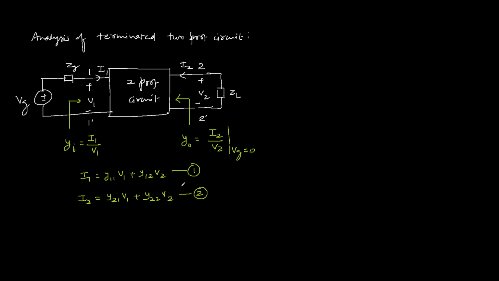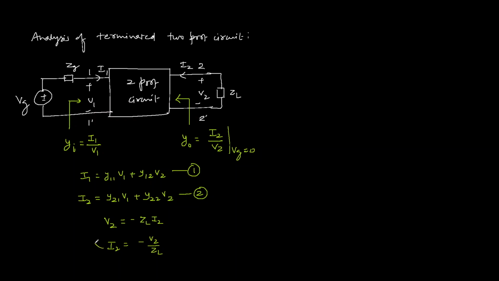We have to find the ratio of I1 to V1, so from the first equation we have to get rid of V2. First, write the expression for V2: V2 is minus ZL I2, so I2 is basically minus V2 over ZL.